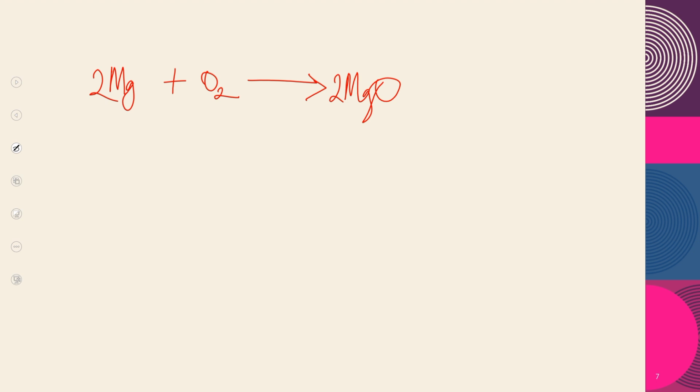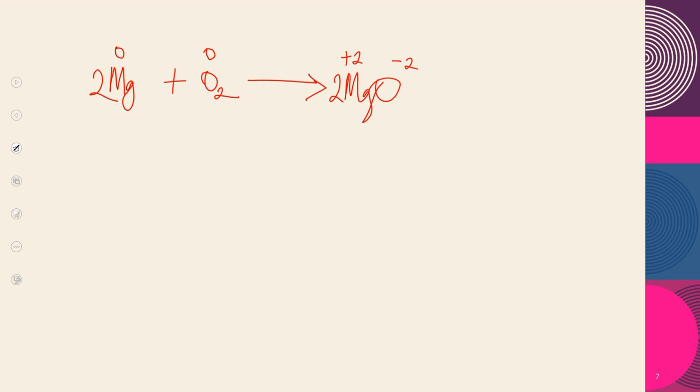So in this reaction, we have magnesium reacting with oxygen to give us magnesium oxide. Following the rules, the oxidation state of magnesium here is 0. The oxidation state of oxygen here is also 0 because these elements are in their free state. Now the oxidation number of magnesium here is +2, and that of oxygen is -2.